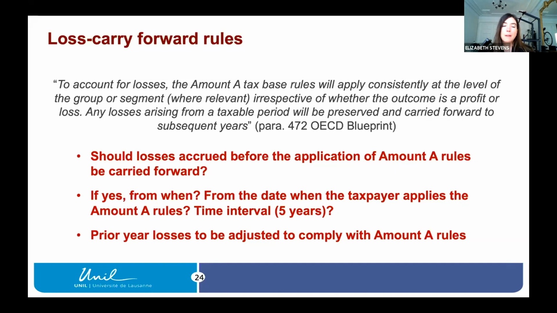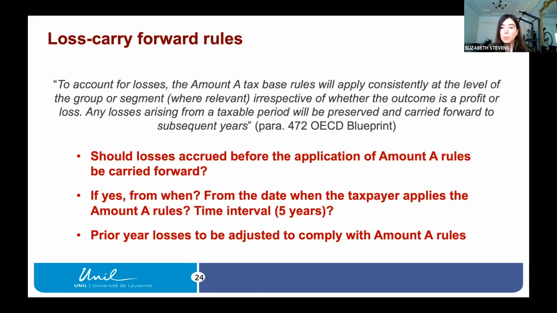But if the Amount A system were put in place from 2023, as was envisioned in our earlier case study, companies that had experienced substantial losses in very recent years might then be faced with paying an additional tax on top of their regular corporate tax. So there's some sense of ability to pay, principle of fairness, in terms of taking into account prior years. But how far you go back will be a very difficult question to answer.